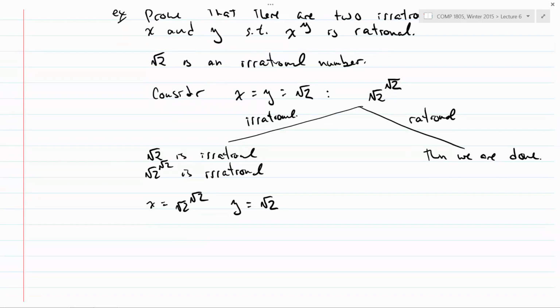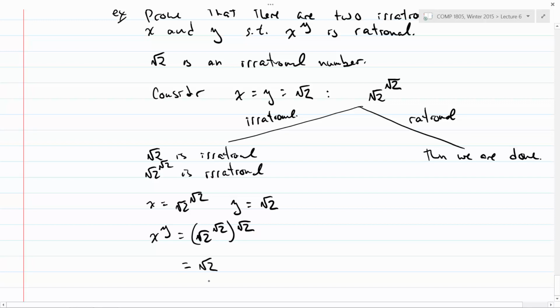And if I do that, then x to the y is root 2 to the root 2 to the root 2. What is that? So I get root 2 in the bottom, and then in the top, I get root 2 times root 2, which is just 2.